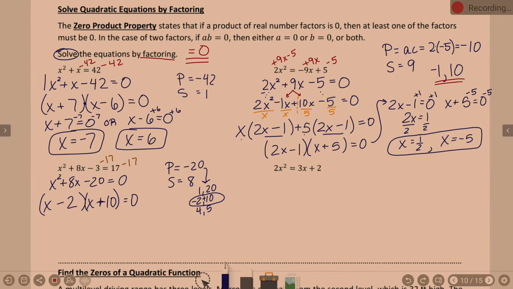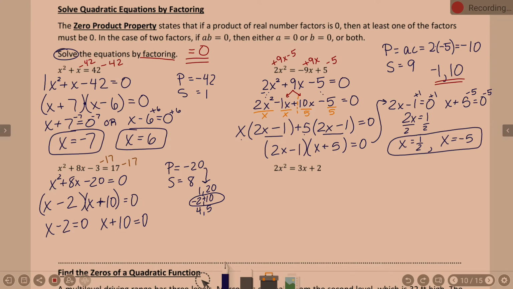Am I done? Are my answers negative 2 and 10? No. What are we doing now? You drop them down to x minus 2 equals 0, and you add 2. Okay, so set each factor equal to 0. So this is an easier one.